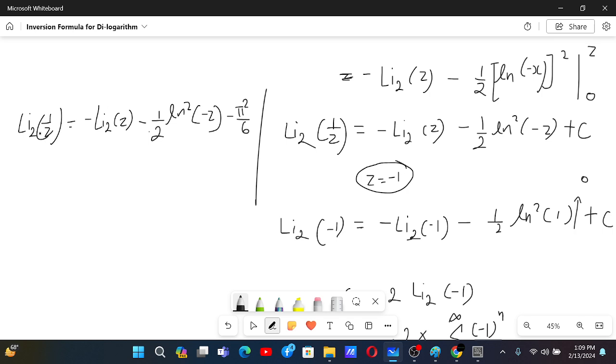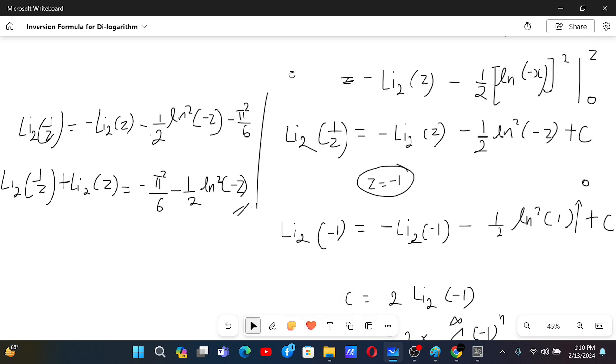Take this to the other side, and that gives us Li2 of 1 by g plus Li2 of g is actually equal to minus pi square by 6 minus 1 by 2 ln square of minus g. And so we proved this result.